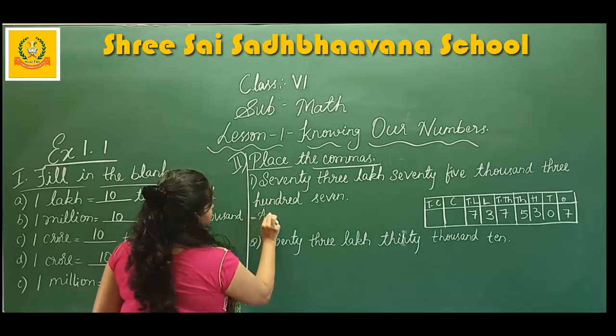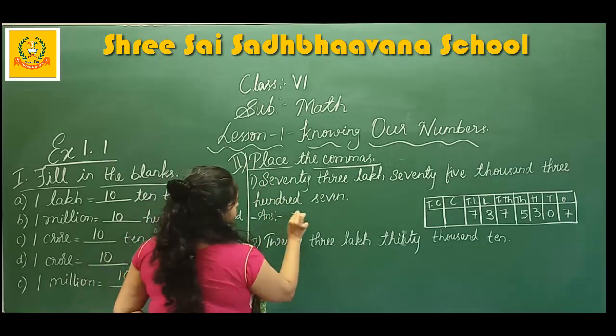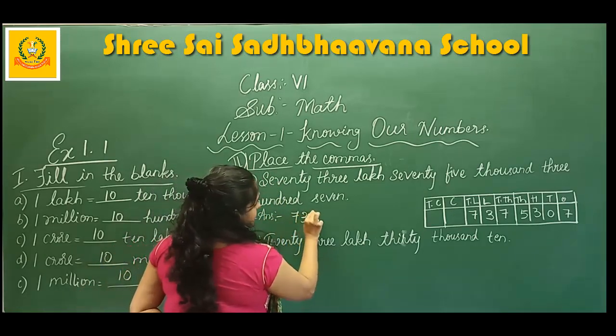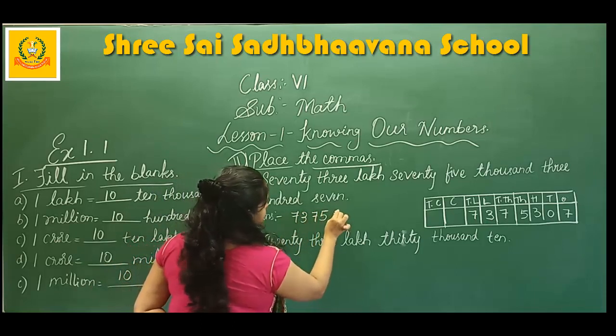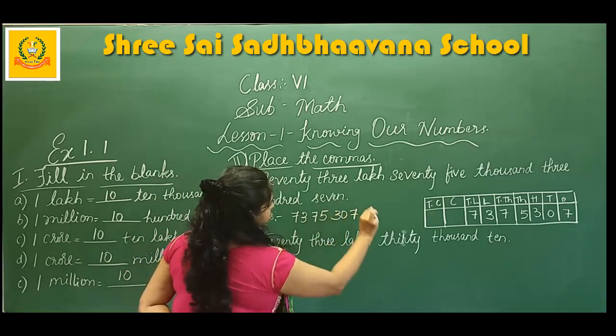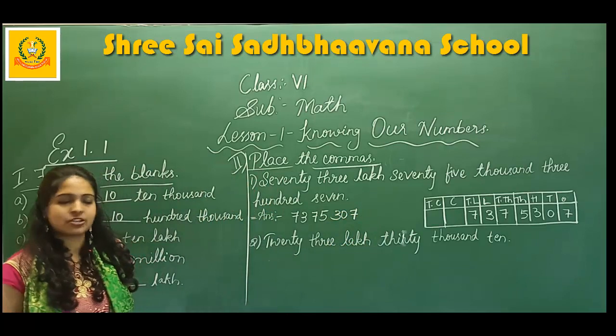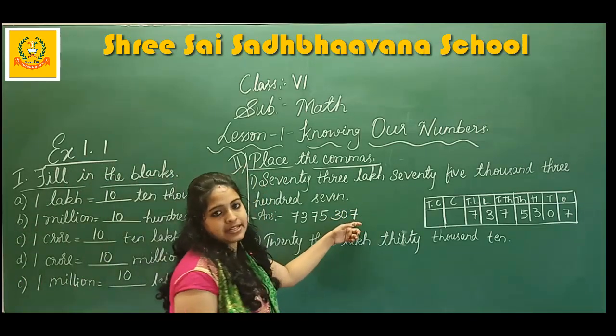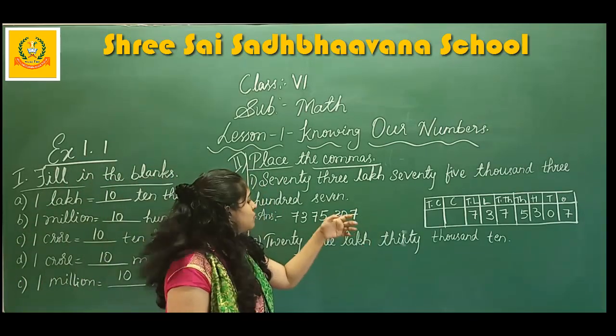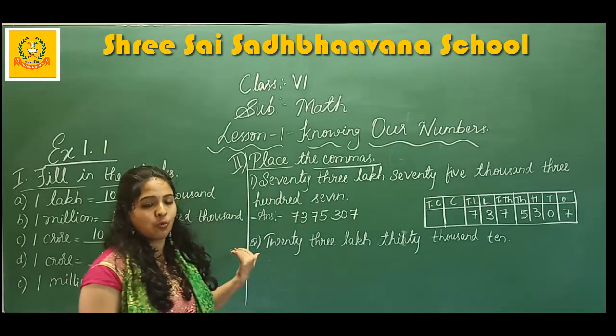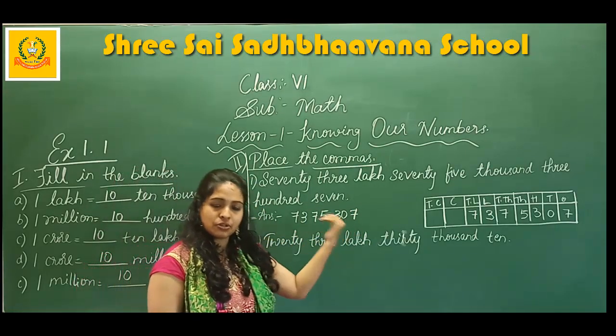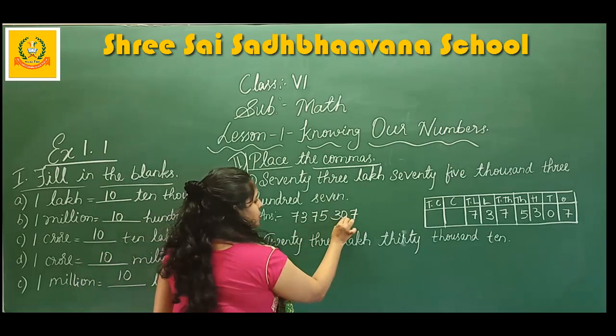We have to place the comma: 73 lakh, 75,307. As I told, the first comma will come after 3 digits from the right. You have to move right to left: 1, 2, 3.